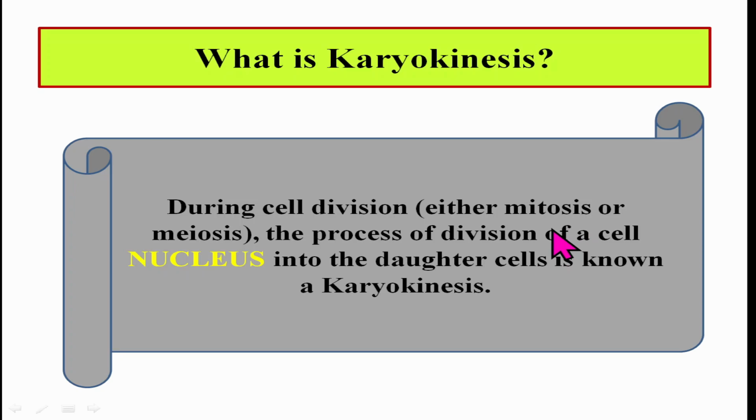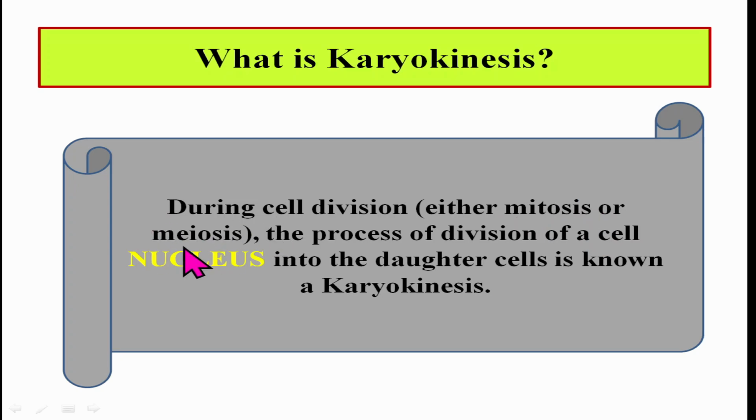So mitosis means it is a type of cell division where two daughter cells are formed. Okay, and these daughter cells have same number of chromosomes as the parent cell. Okay, so it is also called as equational division. Okay, and it helps in the growth and repair of damaged tissues.